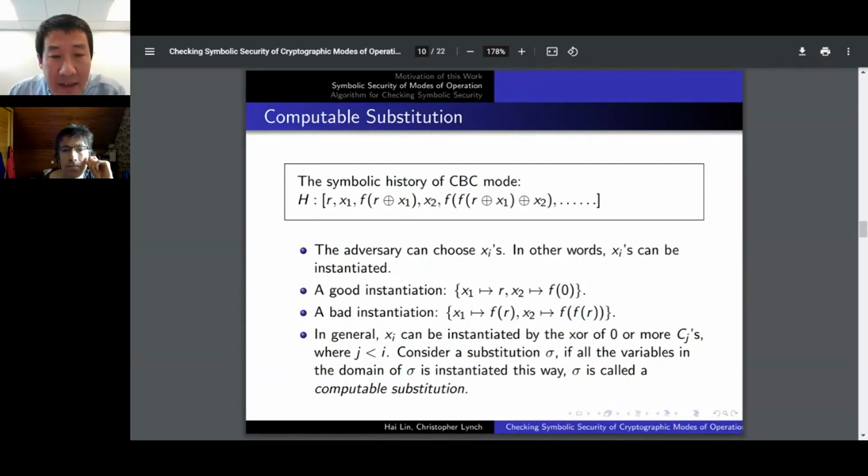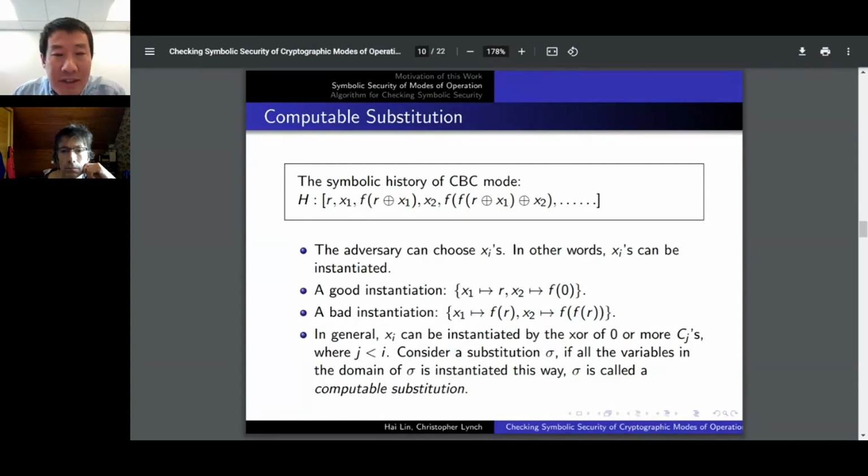And if we map X1 to be f of R, X2 to be f of R, that's a bad instantiation, because by the time the adversary tries to generate X1, the adversary only knows R, but the adversary doesn't know how to do the encryption because it doesn't have the key.